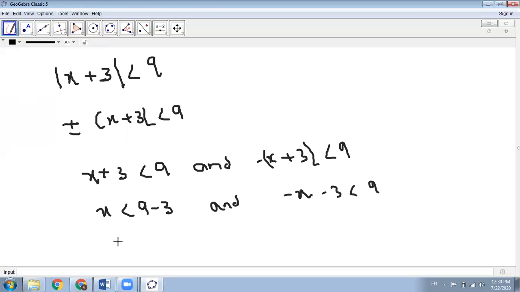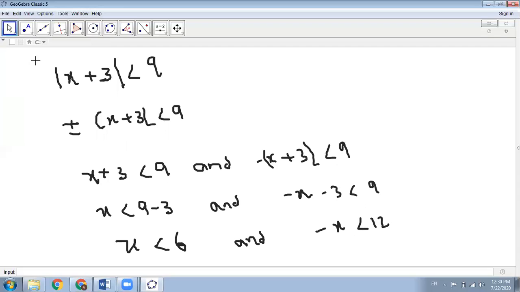So x is less than 6 and minus x less than 12.